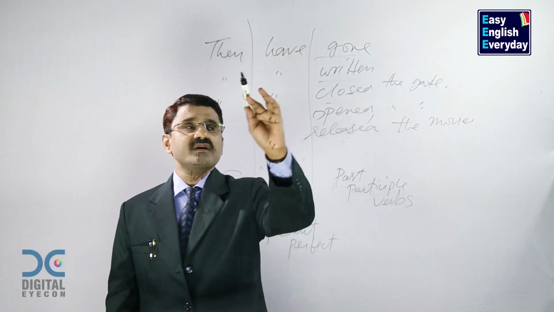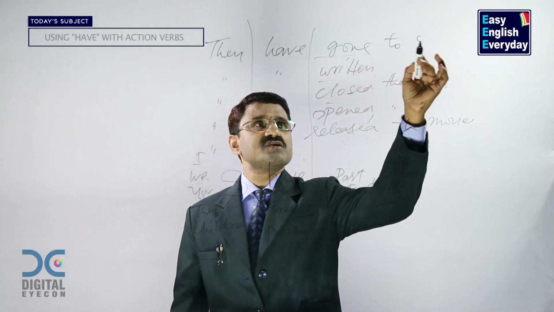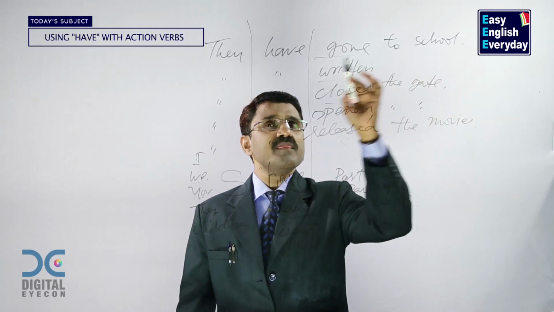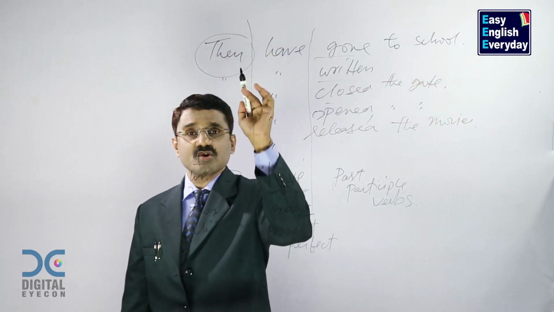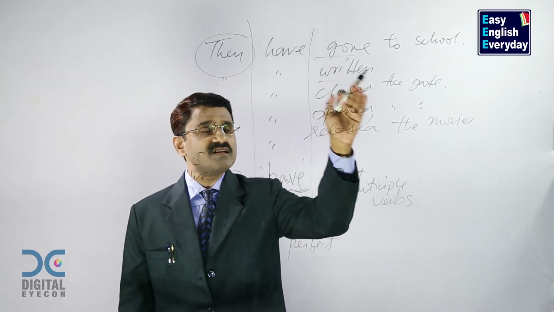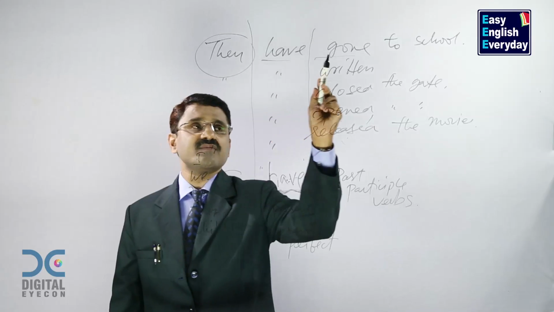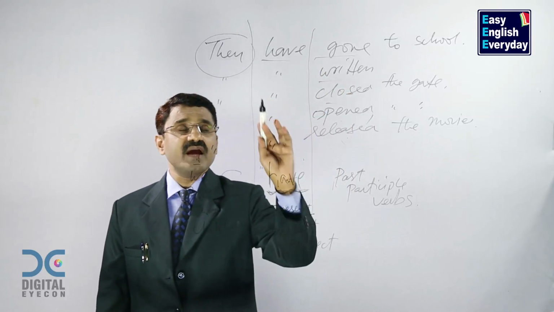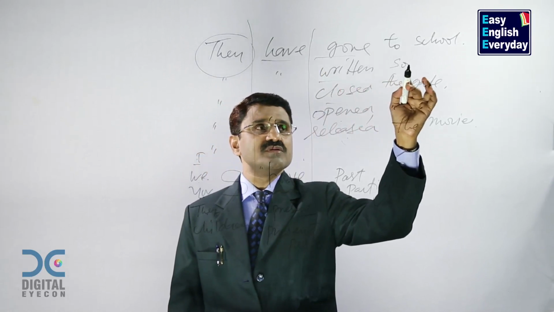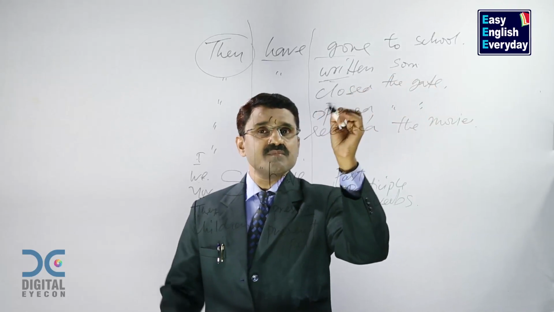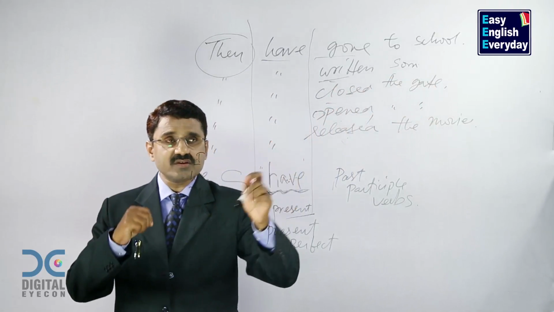For example, they have gone to school. That means right now they are at school. If children are at school right now at this point of time, I should say they have gone to school. They have written some examples on the board. I have to say this example when the examples are there on the board.